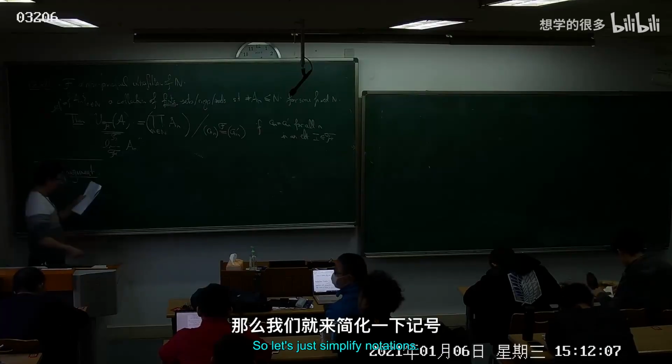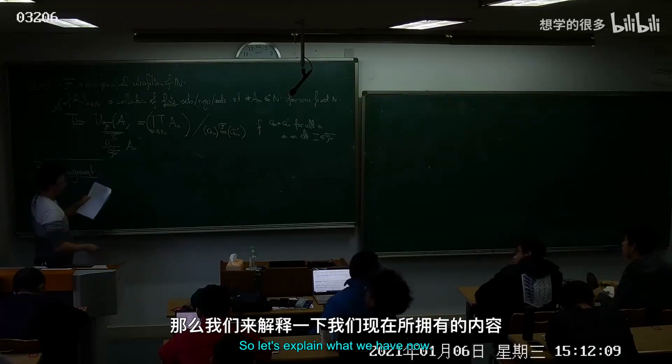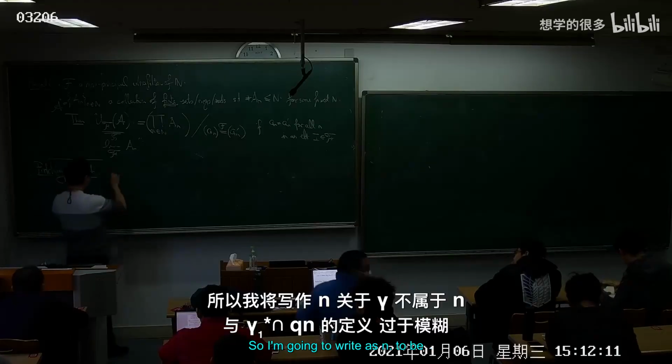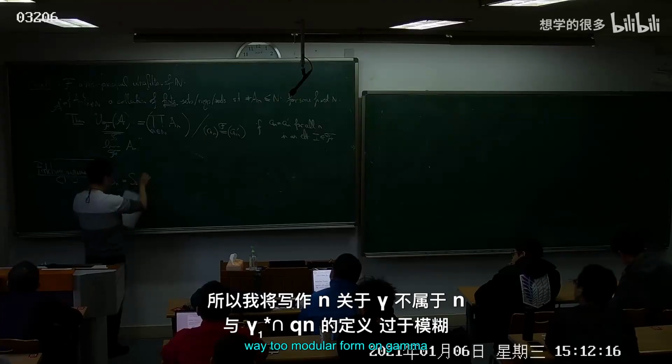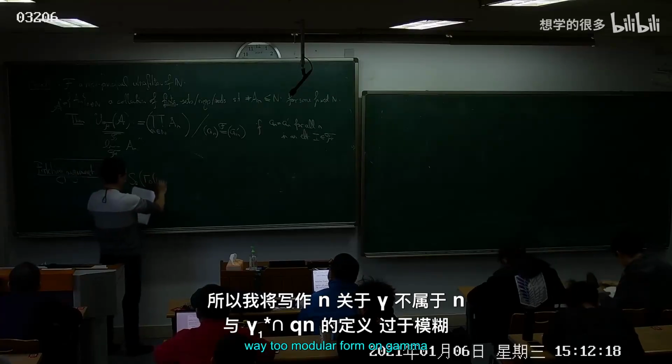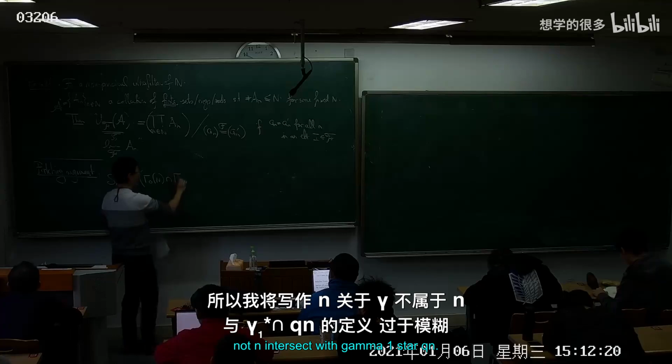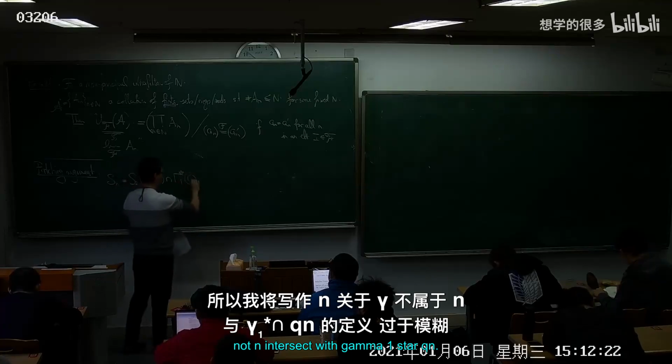So let's just simplify notations. Let's explain what we have now. I'm going to write S_n to be weight 2 modular forms on gamma naught of N intersect gamma 1 of star Q_n.